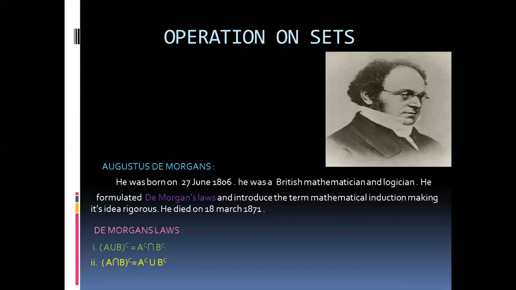In both laws only two sets, A and B, participate, but you see the difference between the operations. In the first law, within the brackets there is union and on the right hand side there is intersection. And in the second law, within the bracket there is intersection and the right hand side is union.